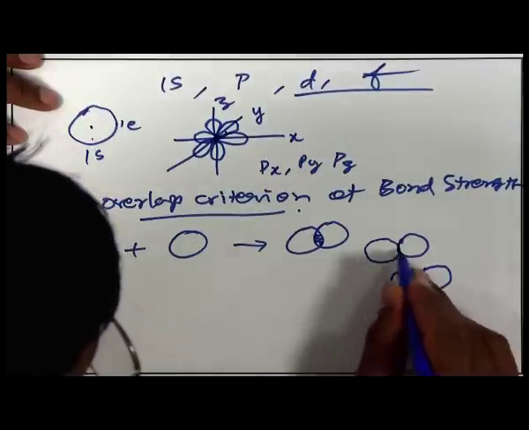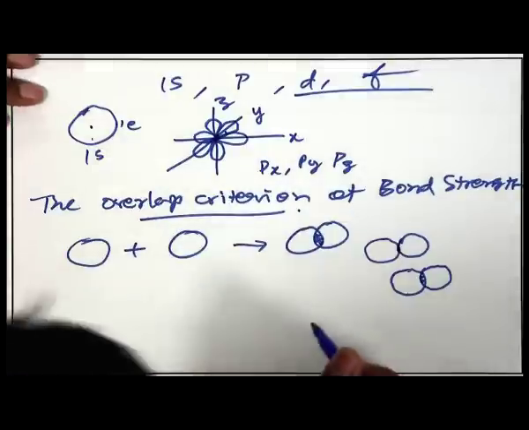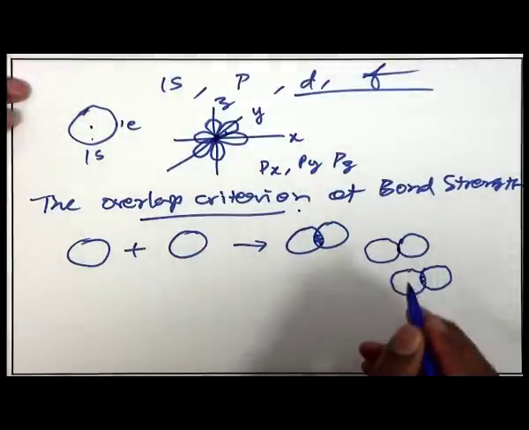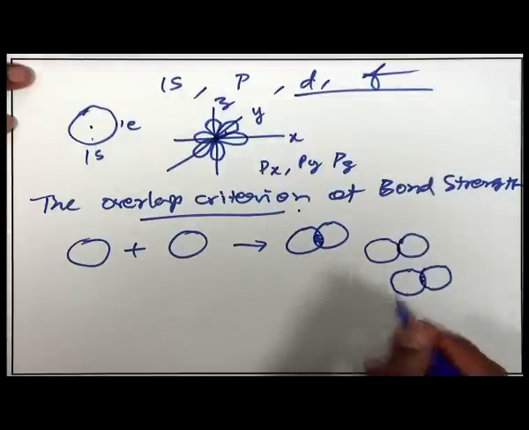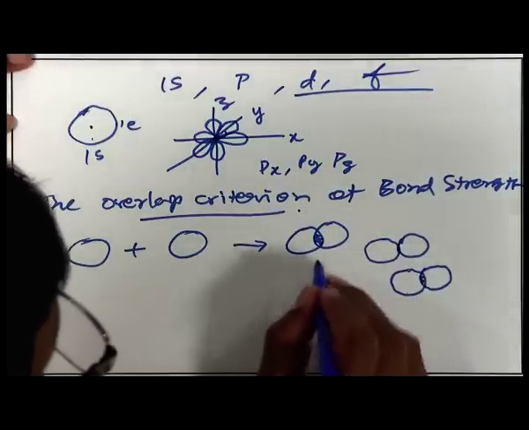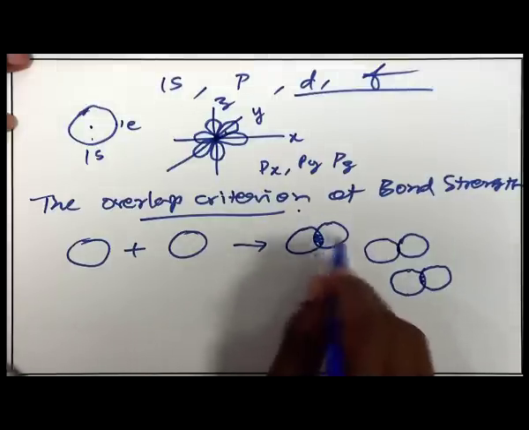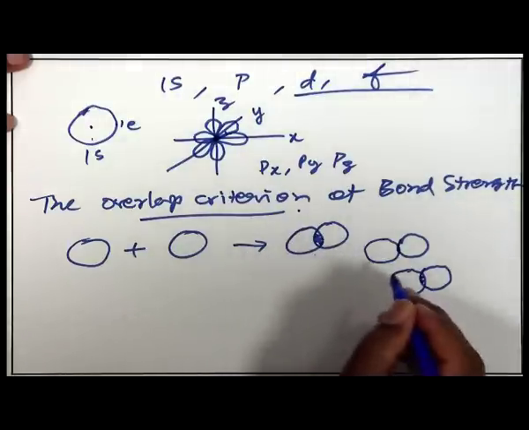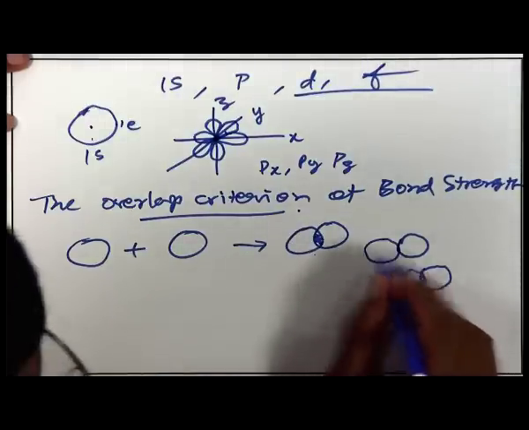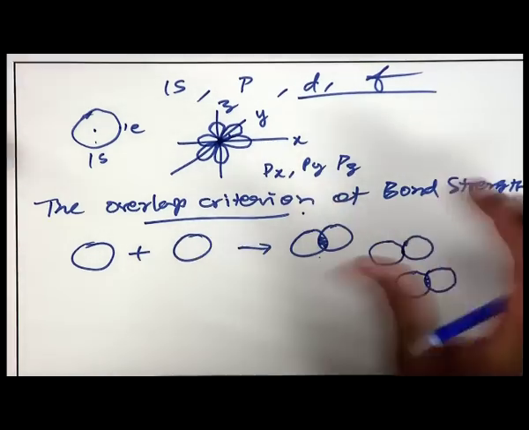Among these three, which overlap will give the higher bond energy, the stronger bond? It is found that this type of overlap, because the overlap is higher and the mixing of the orbitals is higher, will give the stronger bond compared to the other two where the overlap is less. So, the higher the overlap, the stronger the bond.